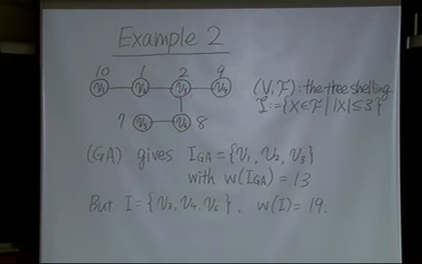So the greedy algorithm gives V1, V2, V3 with weight 13, but this is not an optimal solution of the problem, because V3, V4, V6 gives weight 19. So the greedy algorithm sometimes fails for some weights.